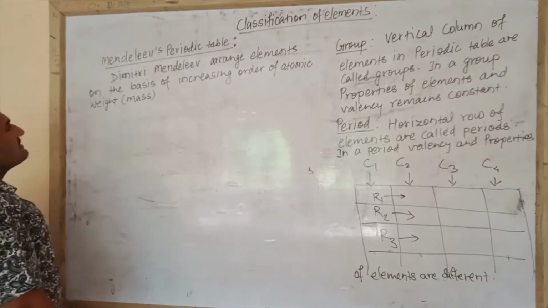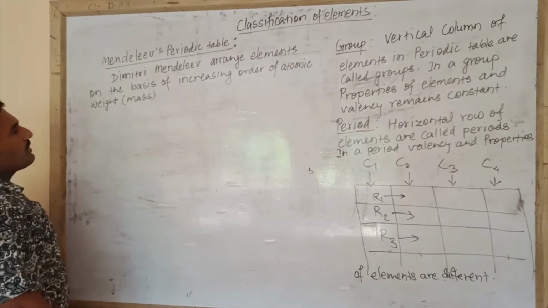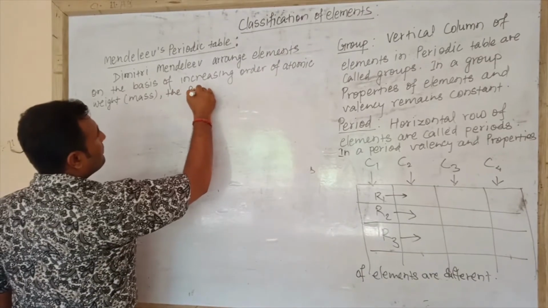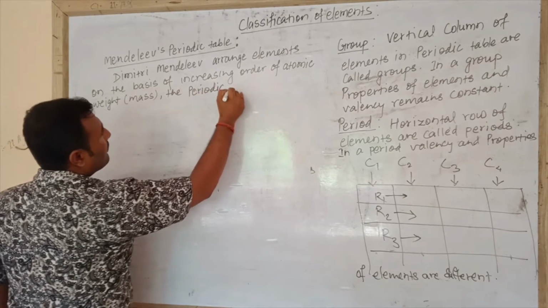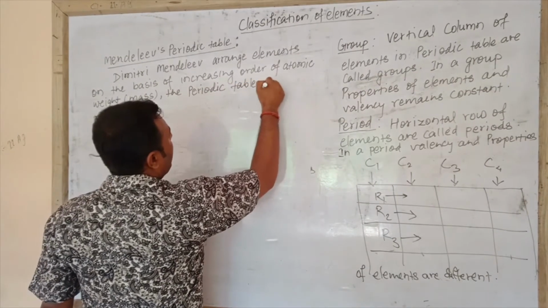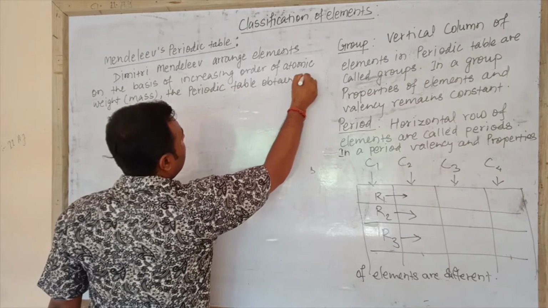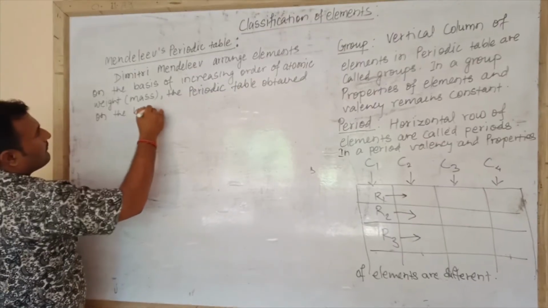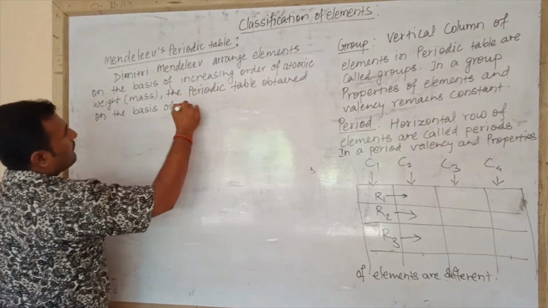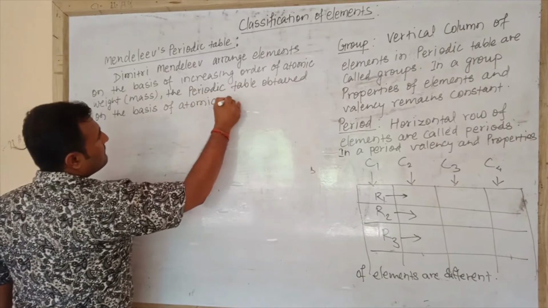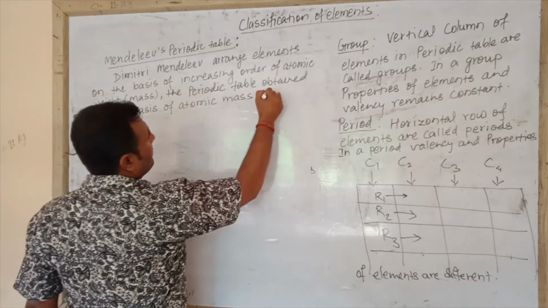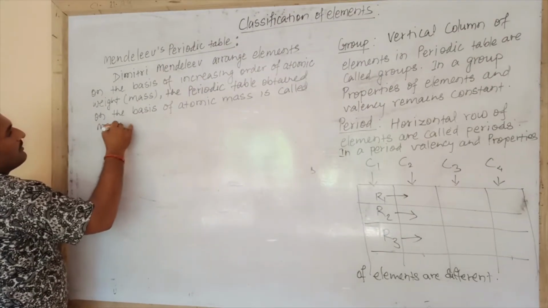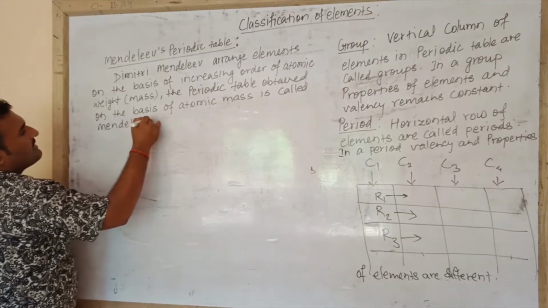Mendeleev arranged elements on the basis of increasing order of atomic weight. The periodic table obtained on the basis of atomic mass is called Mendeleev's periodic table.